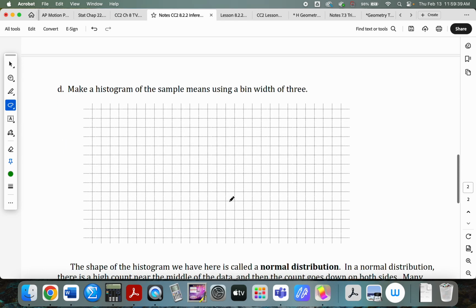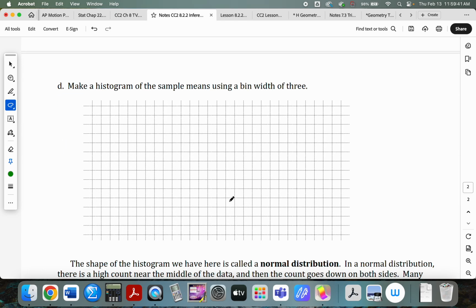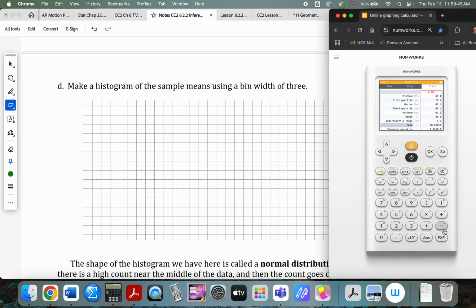Let's look at what a histogram is going to look like for this one. And I'm going to use my calculator to do the histogram just to save us some time. And I'm going to set it so that it is a bin width of 3.